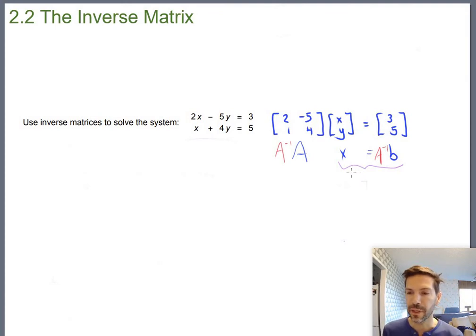So it's worth pointing out here that if there is an inverse, that means there's only one solution to the system. Think about that for a second, right? We've got sort of three possibilities. We've got, in general, that there's either no solutions to a system, or there's a single solution, or there's a free variable and there's infinitely many solutions.